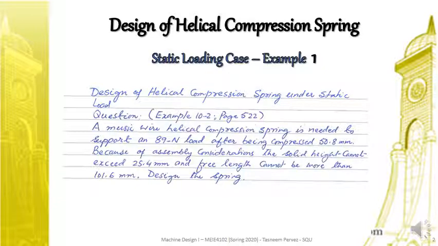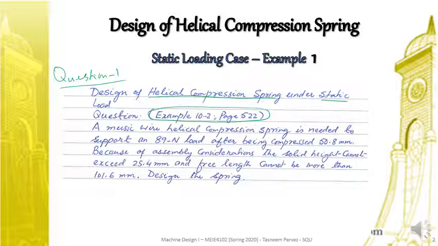Now the example. So first question, this is question number 1, the first example. It says design a helical compression spring under static load. And I have taken this problem from the book so that you can follow it, but please be careful. There are parameters which are given in the book which are not correct.